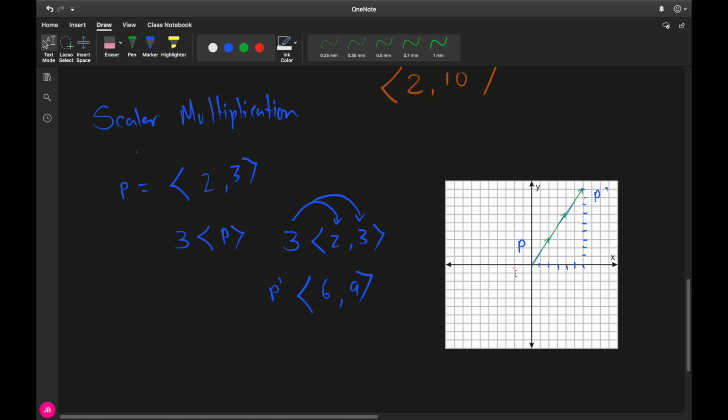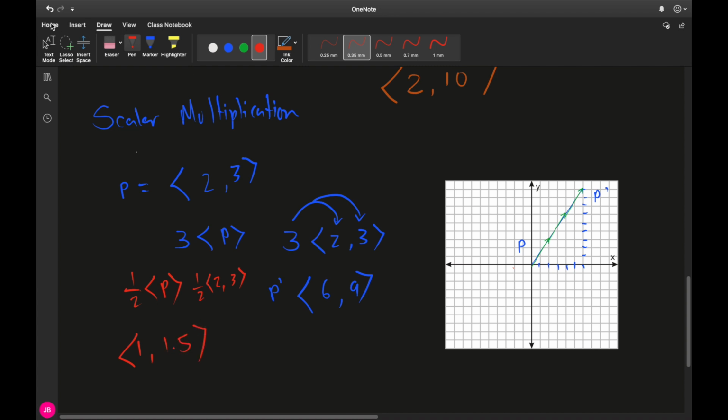So this is scalar multiplication, and you can either multiply it to make it longer, or you can also multiply it to make it shorter. If you go ahead and multiply this by 1/2, then you get 1 comma, when you distribute this, of course, you get 1 comma 1.5.